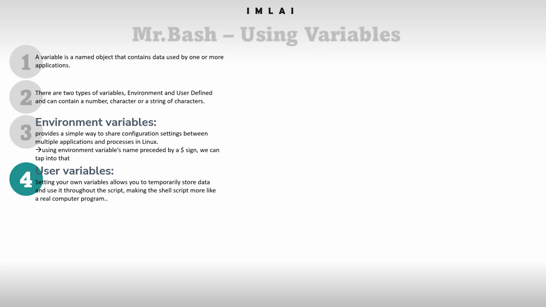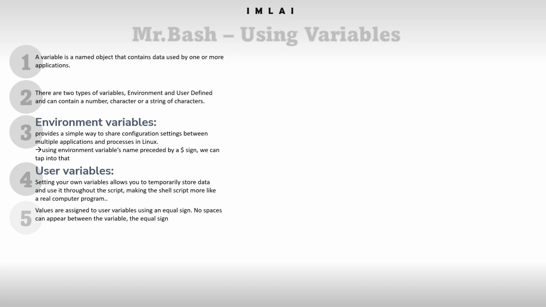These are called user defined variables because you define these variables. So setting variables allows you to temporarily store data and use it throughout the script, making the shell script more like a real computer program. That's what we do in Python. Am I right? Yes or no? Of course your answer will be yes. That's the simple question.